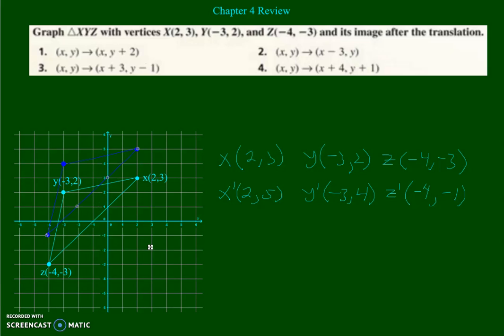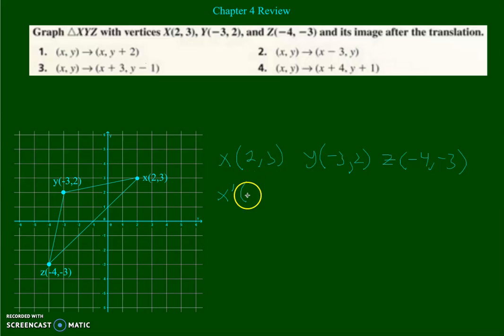Now let's work problem 2. In problem 2, our transformation is (x, y) goes to (x - 3, y). That is, we're going to subtract 3 from the x-coordinate, and the y-coordinate doesn't change. So let's get started with that. For X prime, the x we're subtracting 3 from.